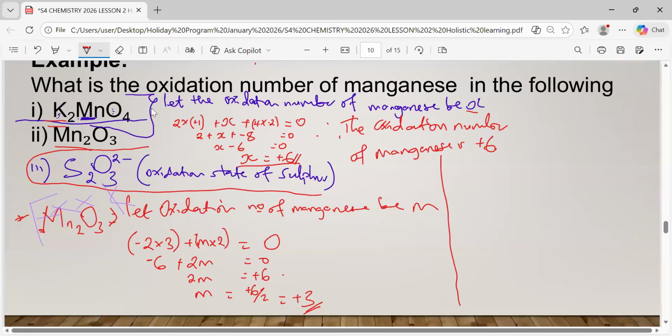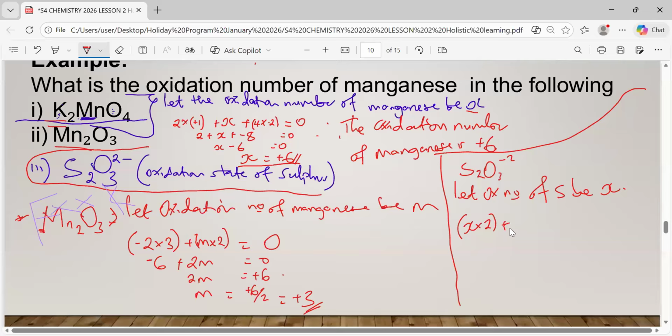We're going to do it from here. Let the oxidation number of sulfur be X. So it's X times 2 plus -2 times 3 is equal to -2.